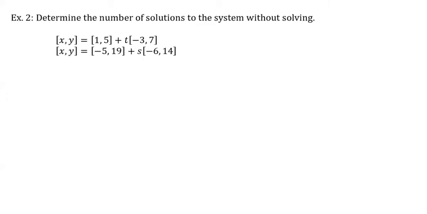Anyway, so what about this question? Because what does it say? The instructions here are something we might ask you to do. Determine the number of solutions to the system without solving. If this was on a quiz or a test, not on the quiz, right? Because this isn't on the quiz, but if this was on the test and you solved it, what do you think would happen?